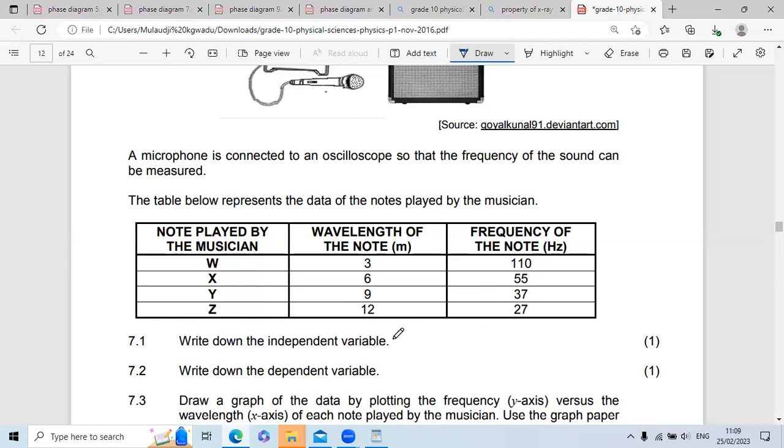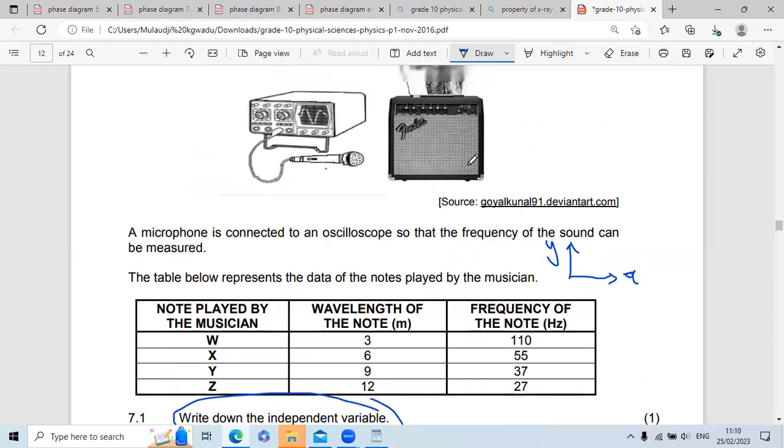The independent variable is the one that causes change on the dependent variable. Most of the time, when you have your graph, your independent variable is going to be on your x, and your dependent variable is going to be on your y.